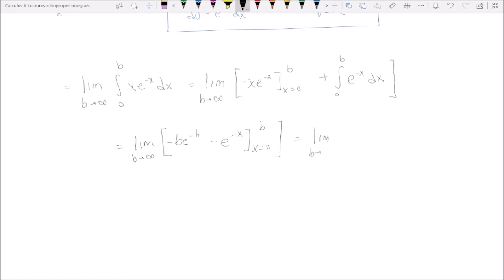This winds up being the limit as b approaches infinity of, let's write it this way now, negative b over e to the b minus e to the minus b, right, which is, again, 1 over e to the b, then plus e to the 0, which is 1.